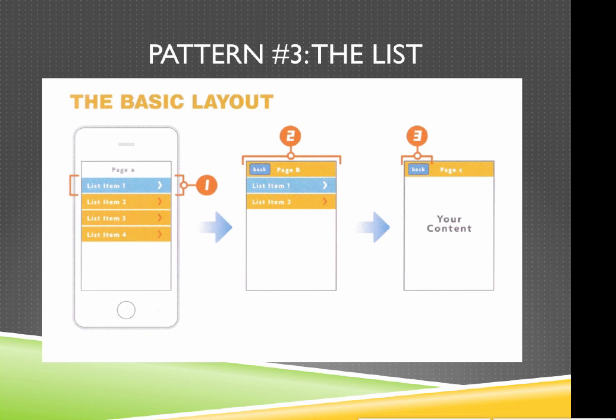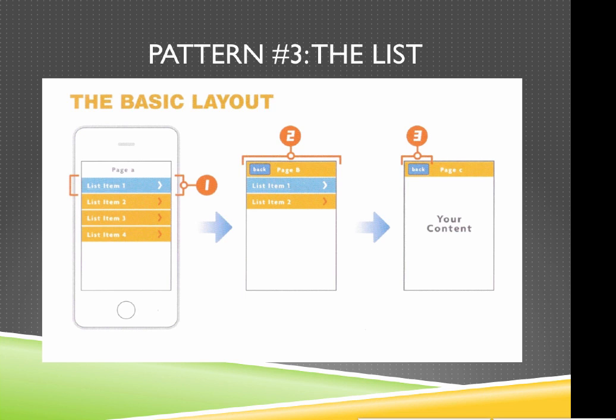The navigation bar allows the user to quickly identify which part of the app they are in. So typically the text of the cell the user selected will then appear in the navigation bar title of the next screen. And lastly, the navigation button enables the user to navigate back to the list item or first screen of the list pattern.